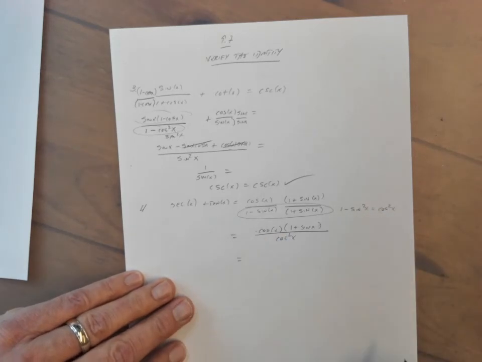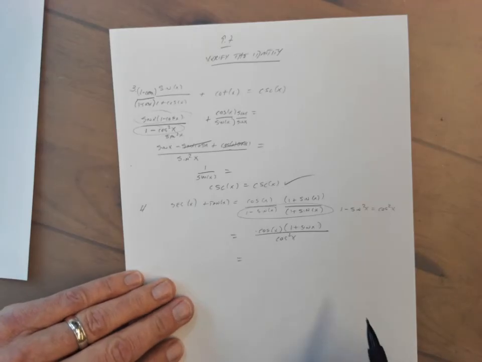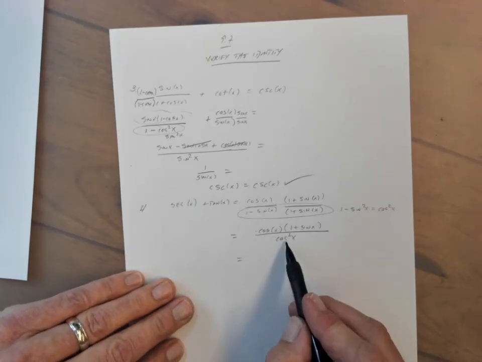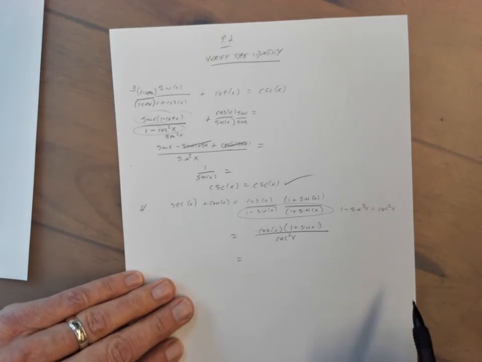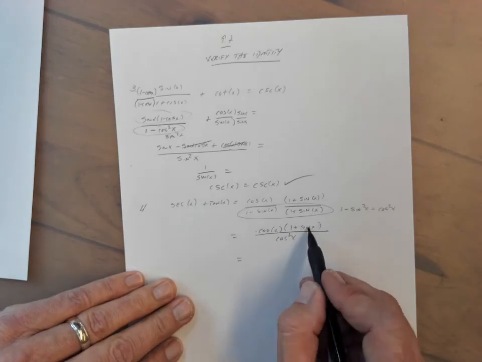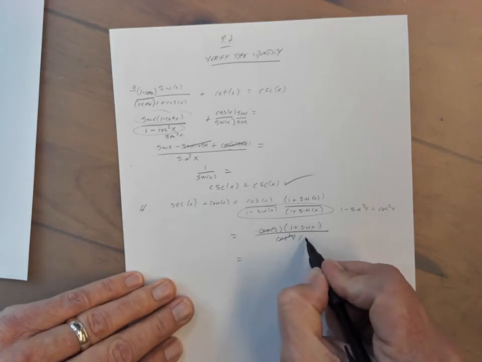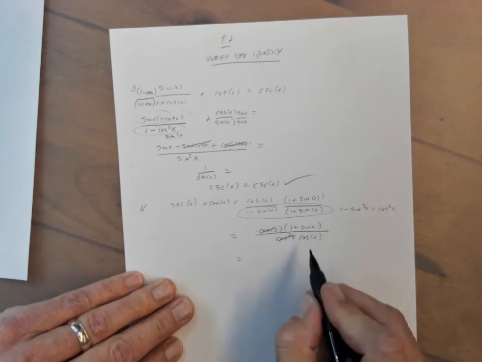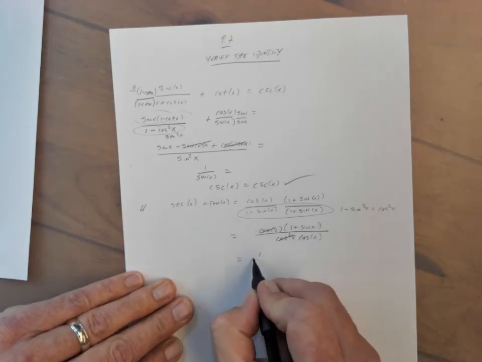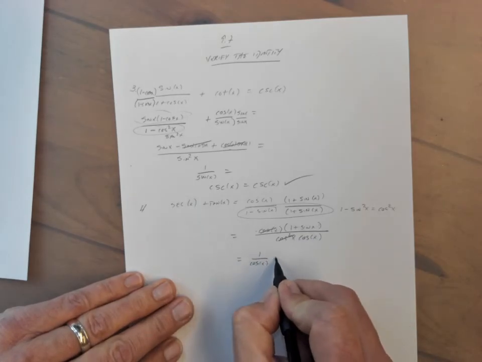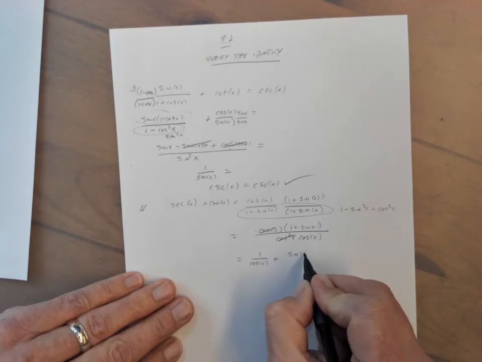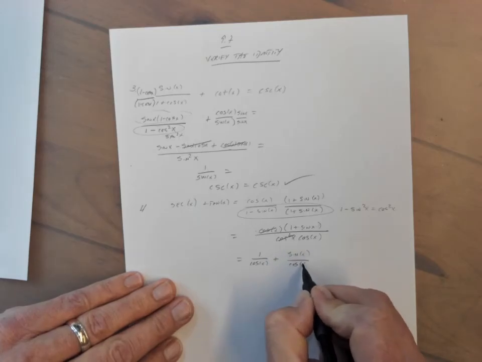So here's why I didn't distribute. Because here I'm seeing I have a cosine divided by a cosine squared. And so now these are factors because I didn't distribute. So that simplifies to cosine x. Now I'm going to split it into 1 over cosine x plus sine x over cosine x.